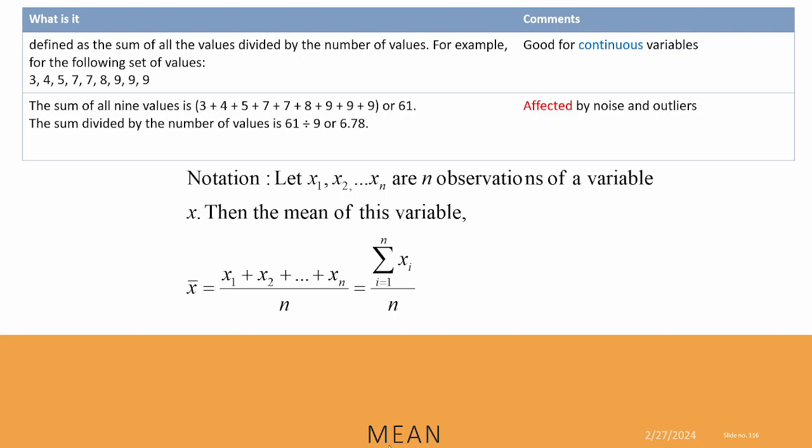So mean is very much affected by extreme values like noise or outliers. So if your data has outliers and you are not in a position to remove those because the associated columns are useful, then in that case we choose median as a measure.